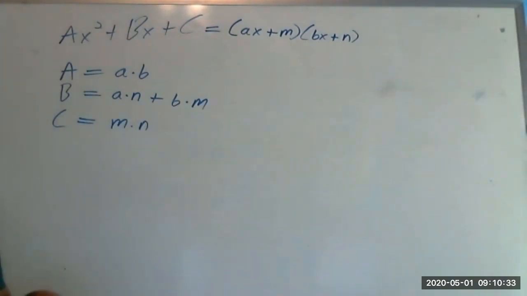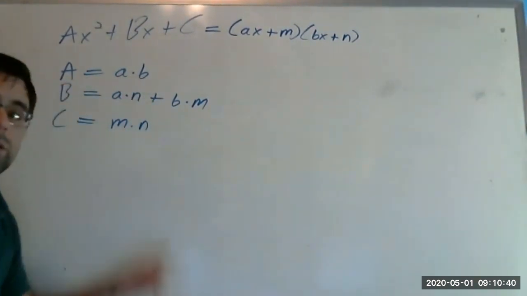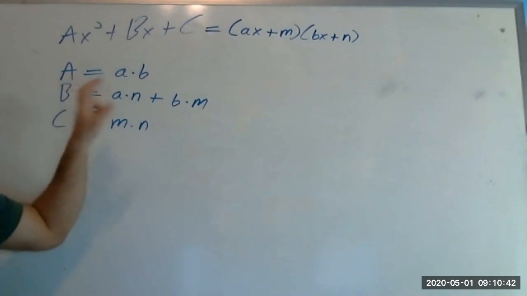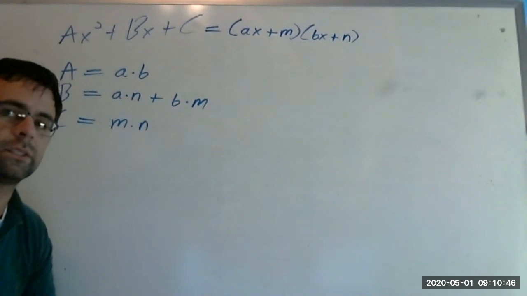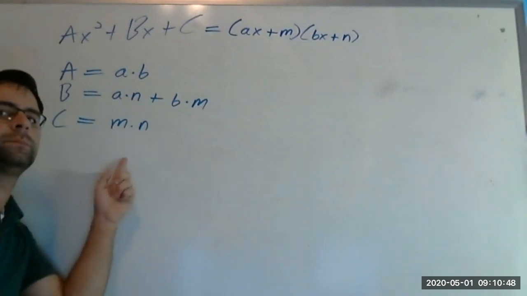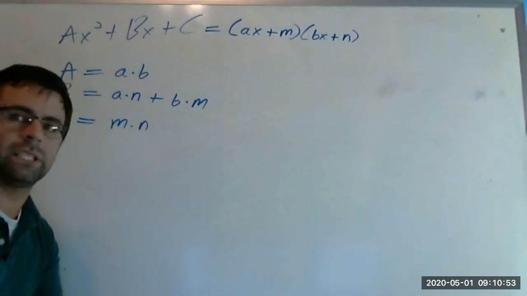So the first step is usually A. You list out all the factors of big A. You know that A and B have to be one of those sets of factors. You do the same thing with C. And then B is where you fit them all together.